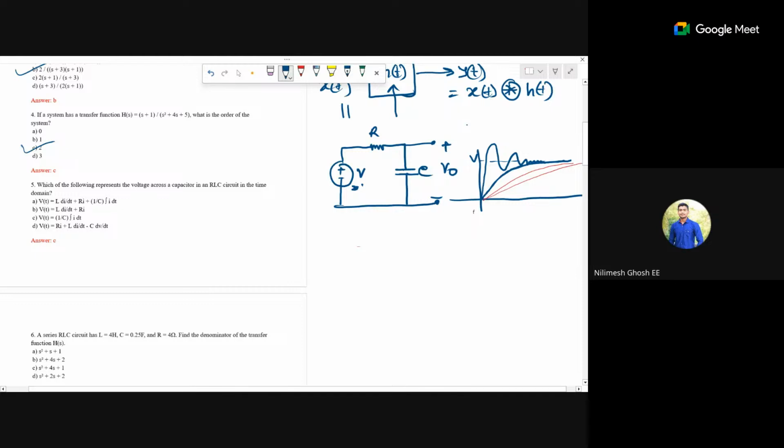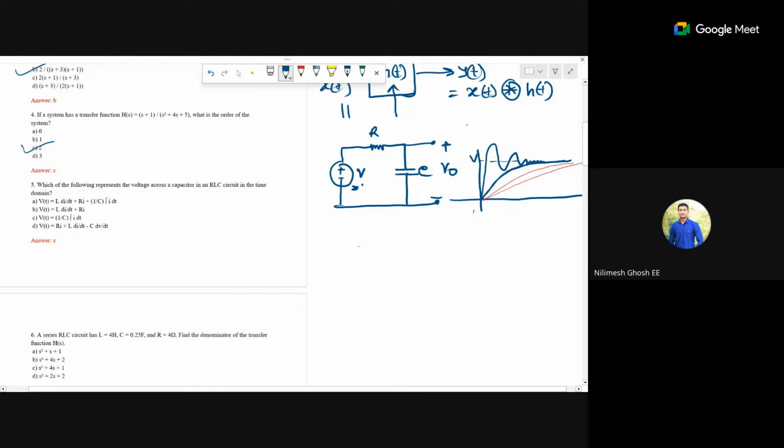But all these diagrams will be true only if this circuit is stable. Now this circuit is a stable circuit. I have taken a stable circuit. For an unstable circuit it may not follow, first of all. So I'll not go into unstable circuits. I assume this is a stable circuit, and this will follow.